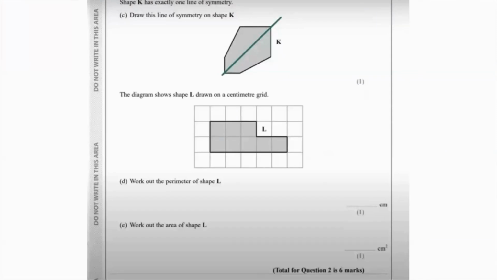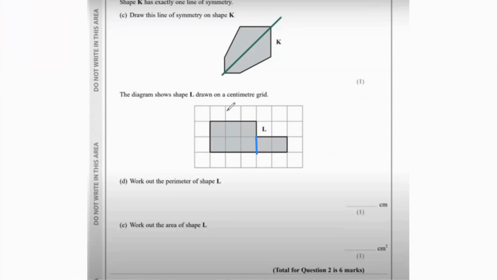Then part C says work out the area of shape L. For the area of shape L, we can see that it's a compound shape. For compound shapes, it's always advised to split the shape into other shapes that are easier to solve. When we split this shape vertically like this, we have two rectangles.